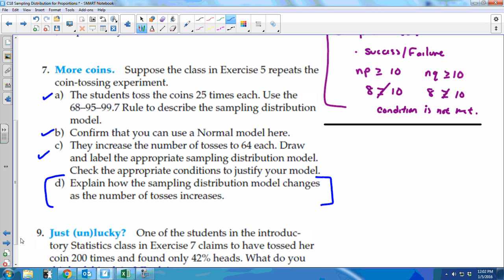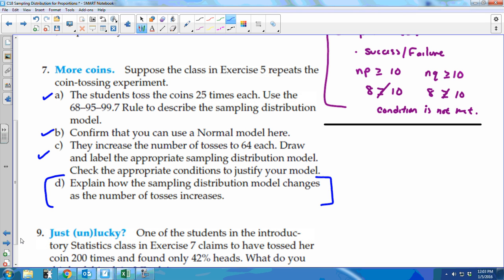So if the standard deviation changes, then what's happening? So this is what we're going to talk about. As your sample size is increasing, your model is becoming more unimodal and symmetric. So what is happening to the variability? Are you becoming more variable or less variable? Less variable. So as your sample size increases, your standard deviation is decreasing, your variability is decreasing.